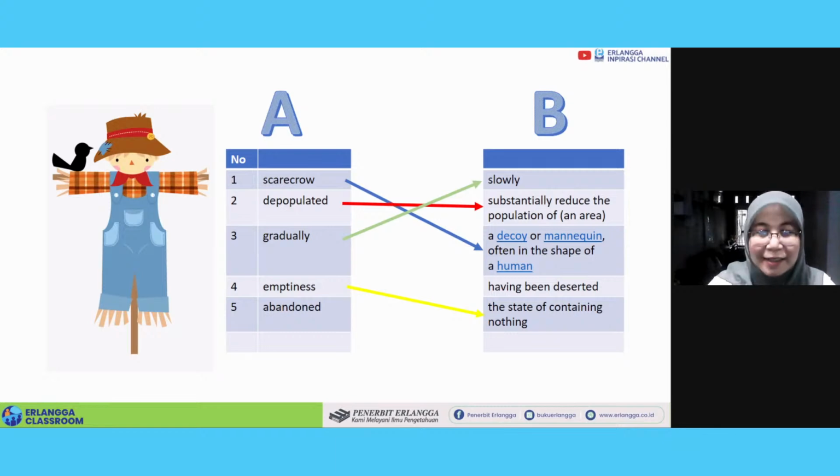Contain itu berisi tapi nothing gitu ya. And then we have the word abandoned. Abandoned ya, ditinggalkan, dilupakan gitu. Having deserted. Okay, so these words you will find these words in the text later nanti ya. And I hope that you remember the meaning of the words so you can enjoy the text.